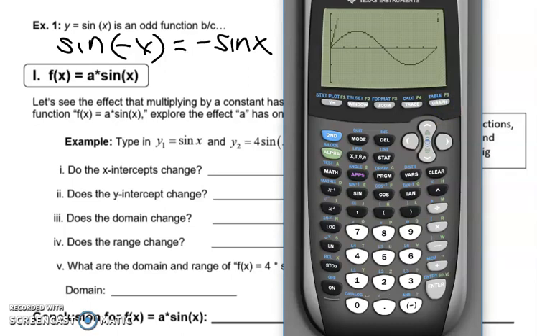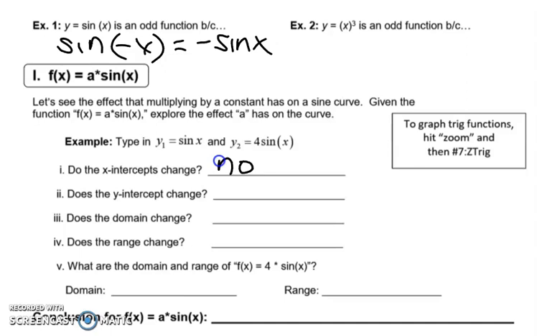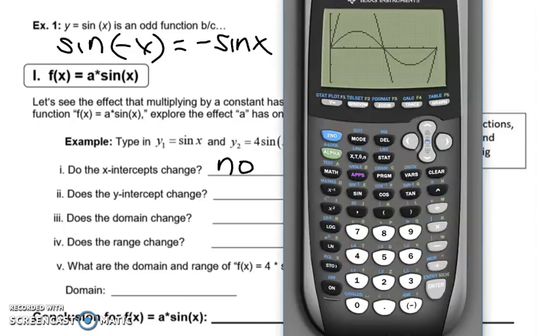Notice the difference in our graphs. So from looking at that, does the x-intercept change? It's still crossing x at the same point, so let's say no. Does the y-intercept change?